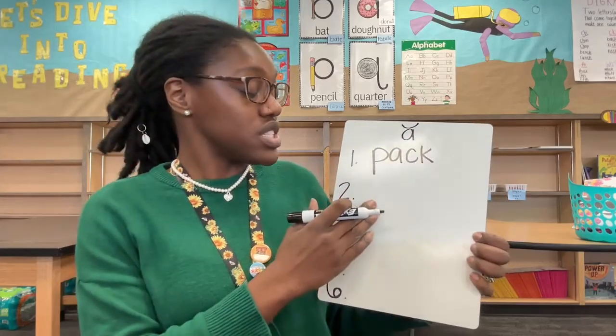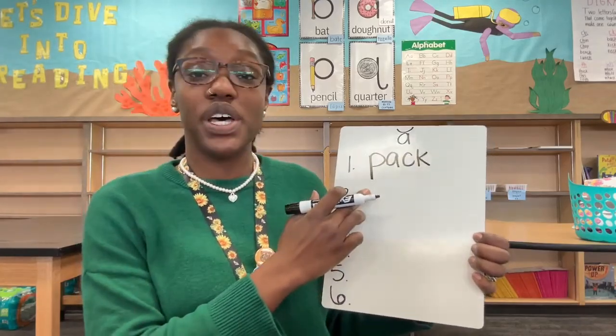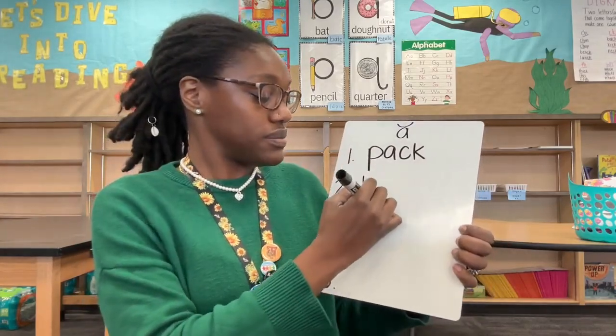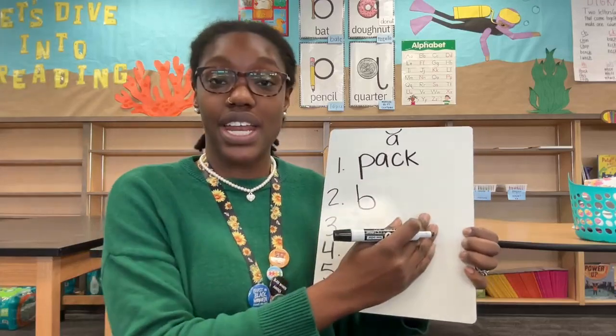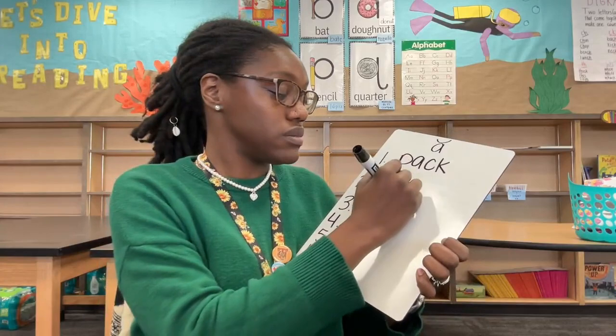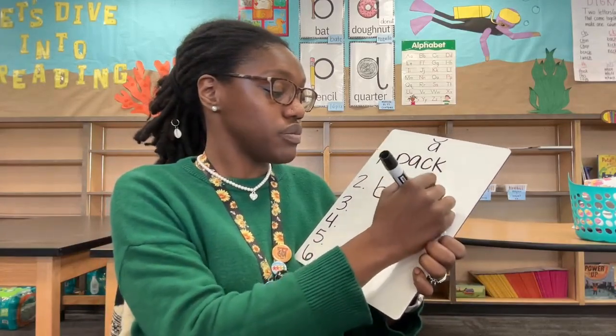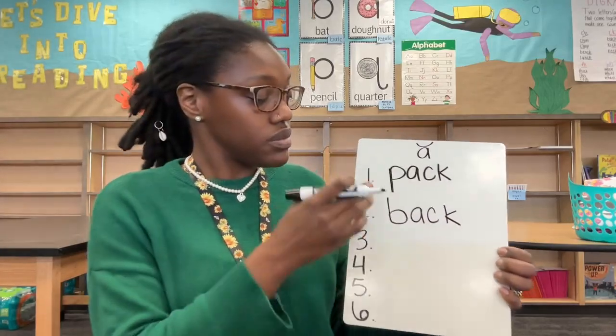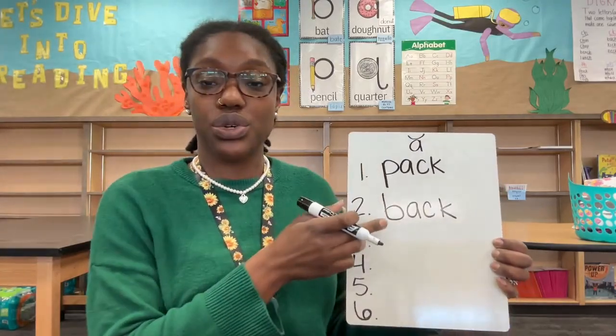I might also say, change the P sound to a B, and we'll just go there. And then I'll say, go ahead and keep the rest of the letters, or bring down the rest of the sounds and letters. So we've changed pack to back.